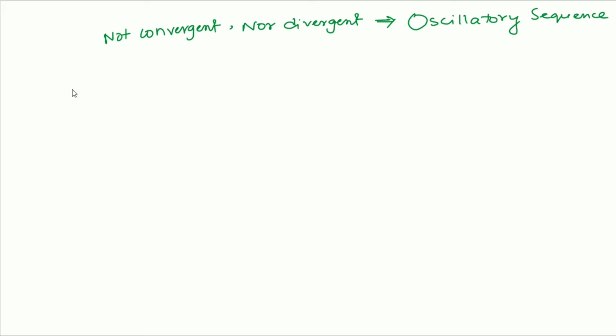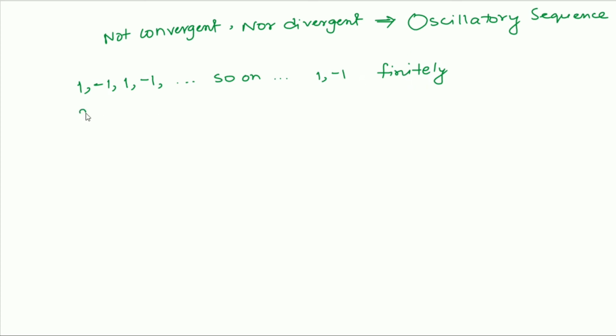As an example, if we take first term 1, second term minus 1, third term 1, fourth term minus 1, and so on, there are only two elements, 1 and minus 1, and they repeat. That means this is a finitely oscillatory sequence.